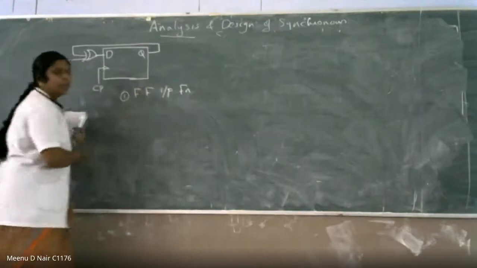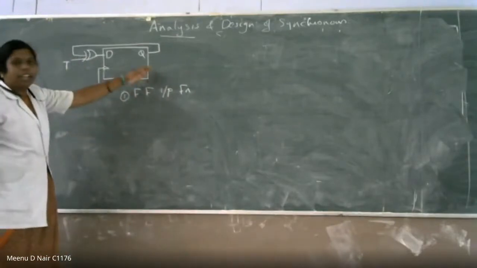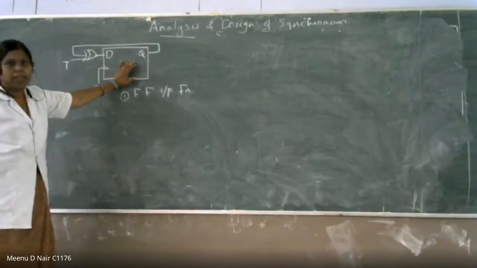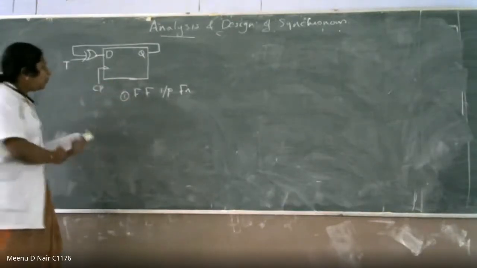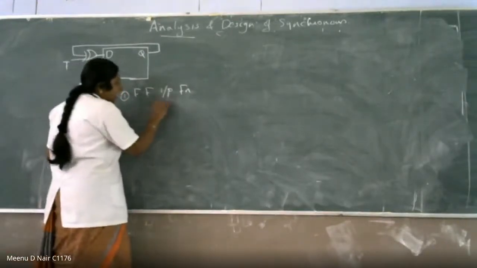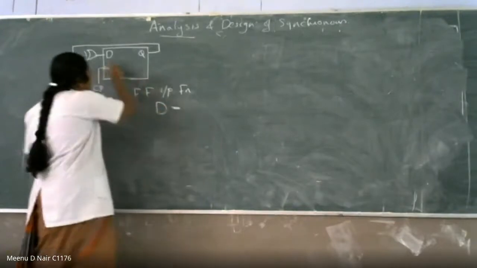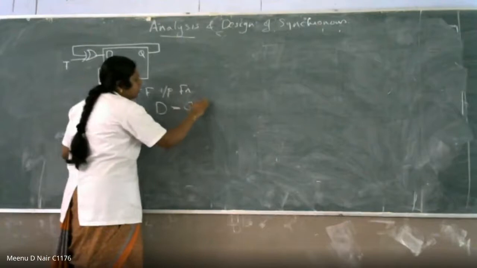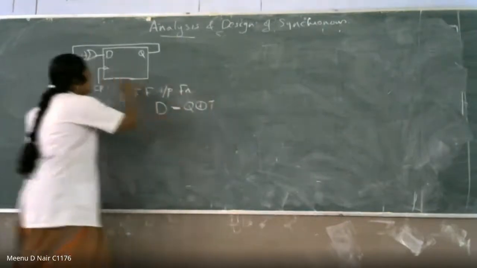But there is no output here, right? It is not given any Y output here. So you have to see only the flip-flop input function. So the flip-flop input function D is equal to, what is D here? Q XOR C. This is an XOR gate.